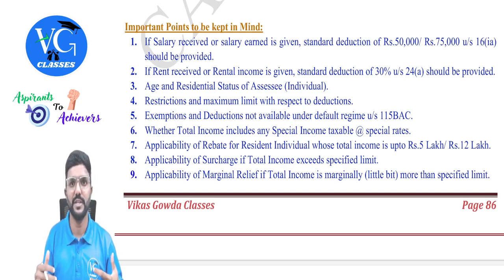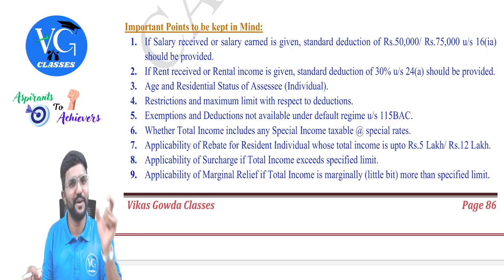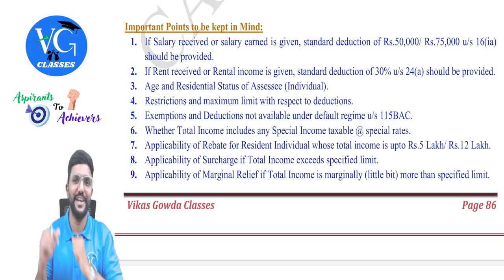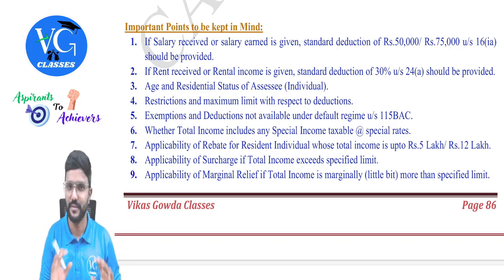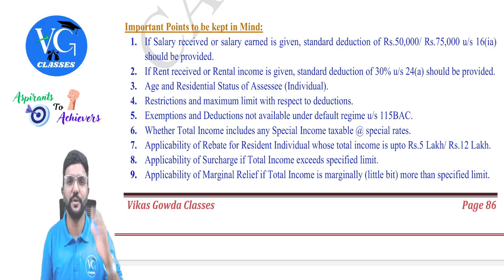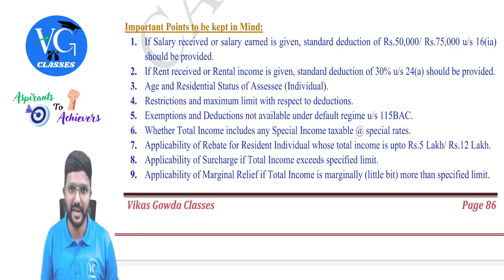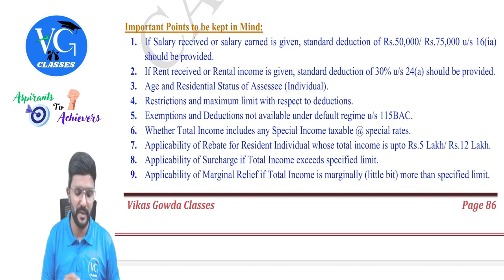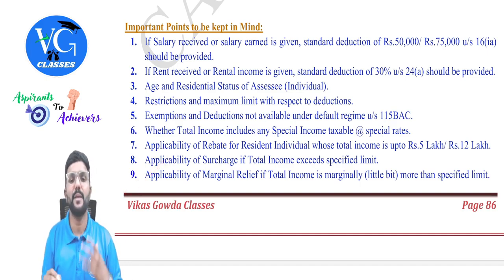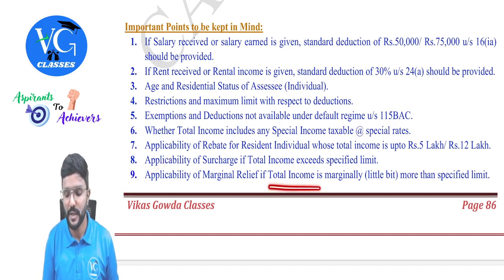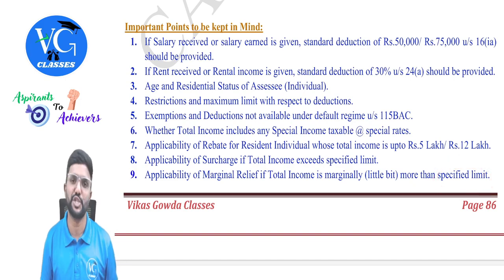Because when the question is on rebate or surcharge, they will not mention in the question that please take care of rebate, please take care of surcharge. No. You need to apply when it is available, guys, or when it is applicable. Last point is applicability of marginal relief if the total income is marginally more than the specified limit for the applicability of surcharge.